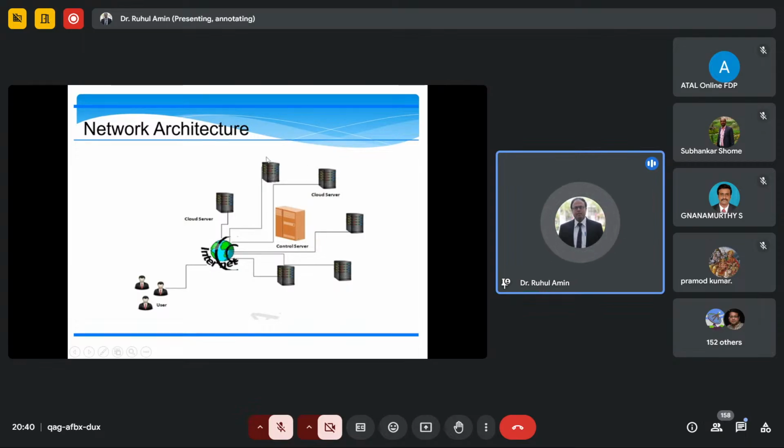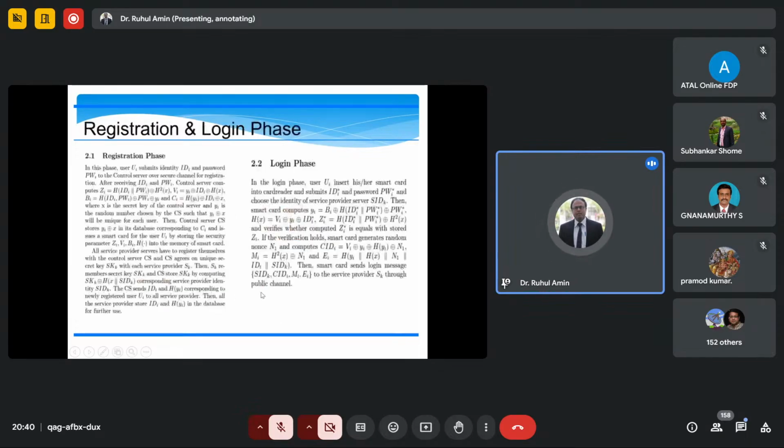Considering this network architecture, this protocol has been designed, and it is one kind of protocol which is hash based, just for understanding purposes. In this registration process, you see that there are two authentication factors, identity and password.